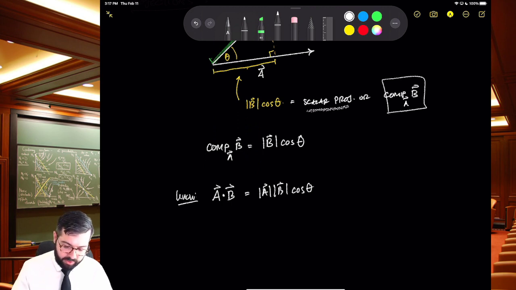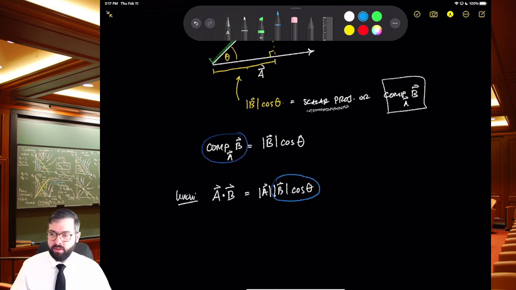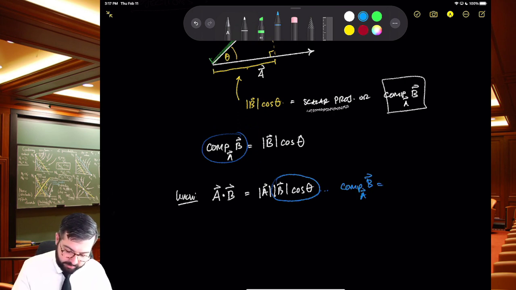And so if we're saying that the component is equal to this piece right here, then one way to write the component of B on top of A, this length, is to just divide both sides by the magnitude of A. So it's equal to the dot product of the two vectors all over the magnitude of A.